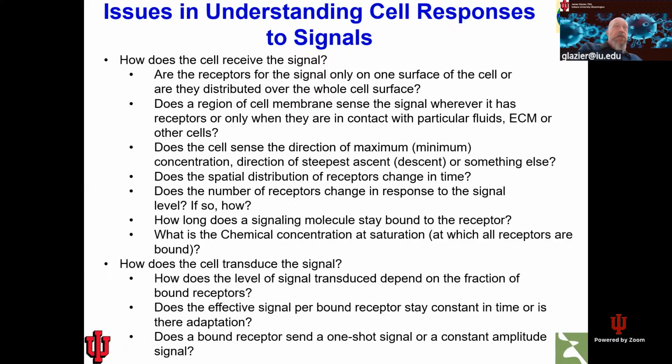And then we typically don't model adaptation, but we know that in many cases, if the concentration of the chemical is high in the environment, the number of receptors is reduced.